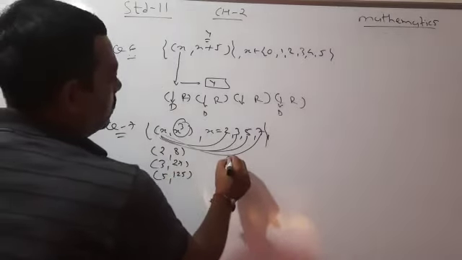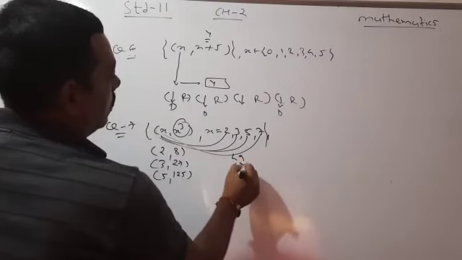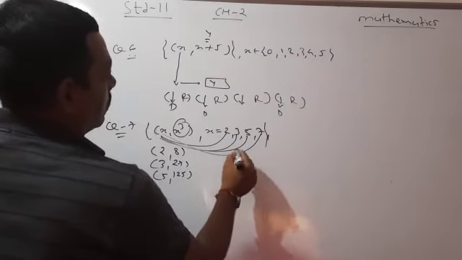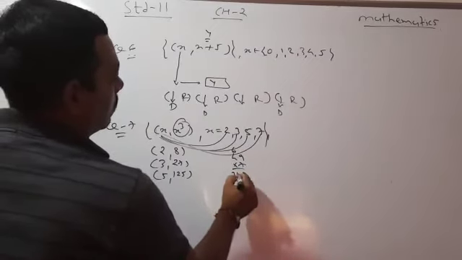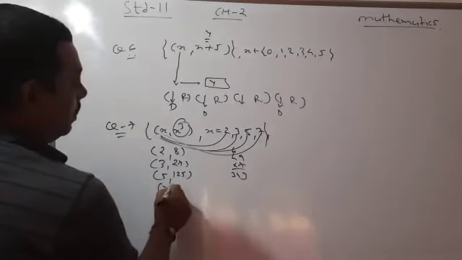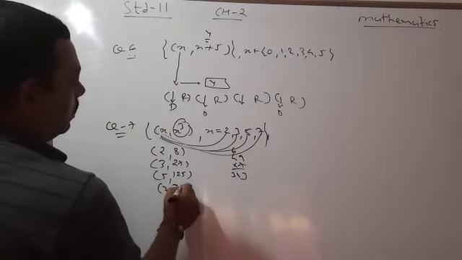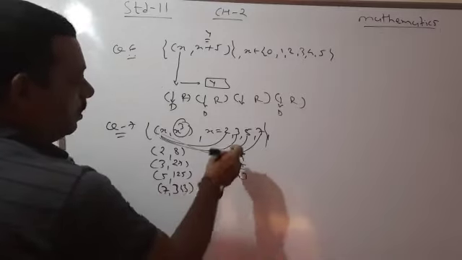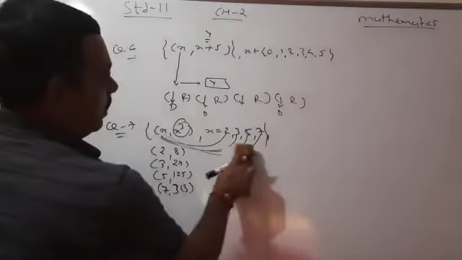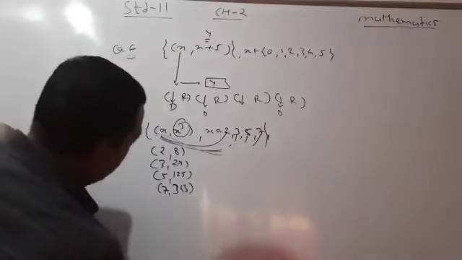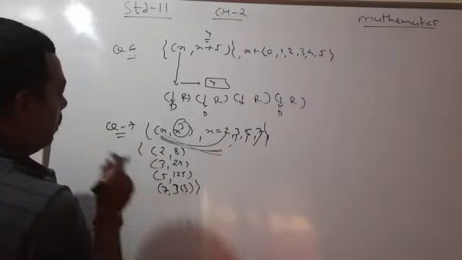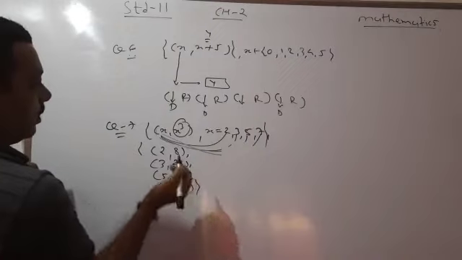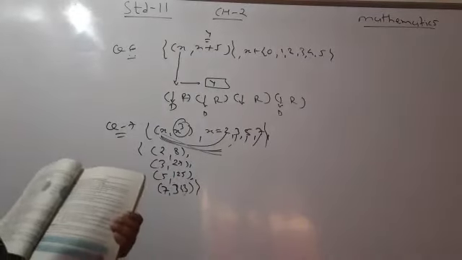Now (7, 7 cube). 7 cube is 49 into 7, that is (7, 343). See, you can use a calculator. I don't have a calculator, so I did this by multiplication, but you can use a calculator. So this is the final answer and always you have to write it in curly brackets with commas in between. So this is the final answer.